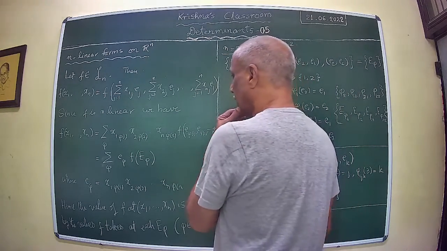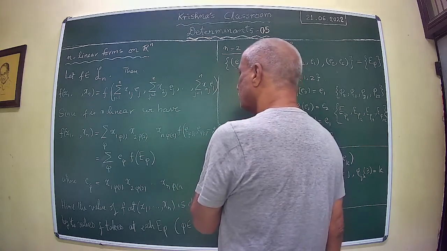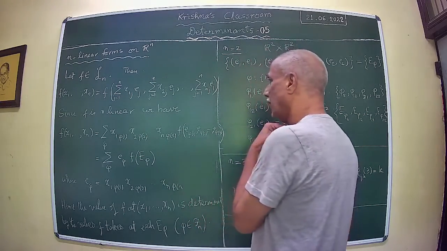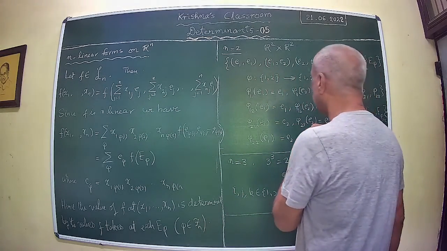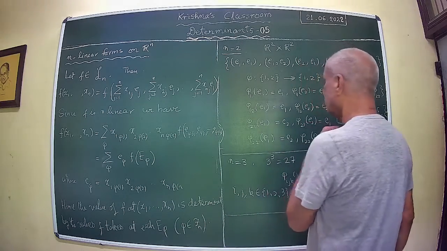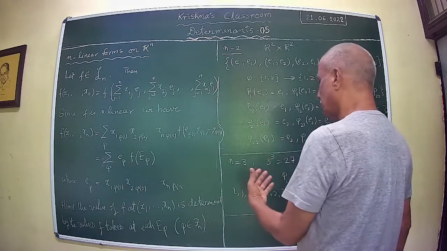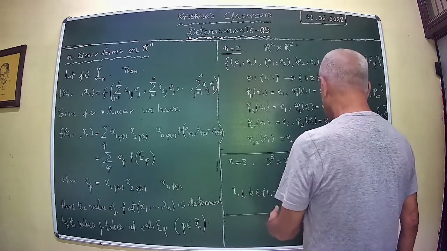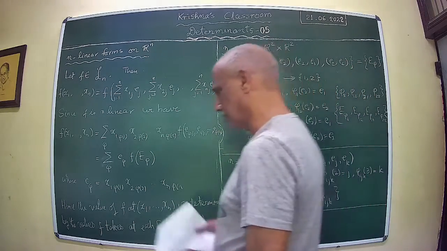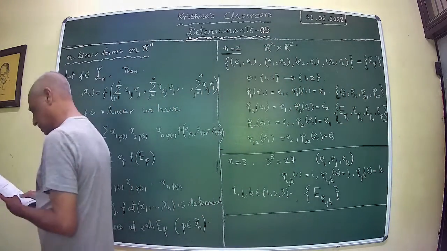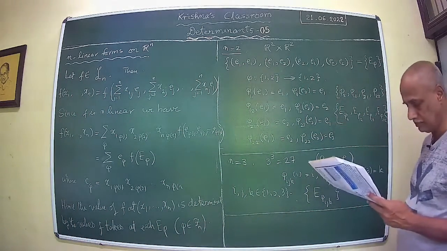Similarly, if n is equal to 3, if f belongs to L3, then f is completely determined if you know the values at E phi ijk, where ijk runs over 1, 2, 3. Okay. So that's the meaning of that. This is just a sort of explanation of what is happening.